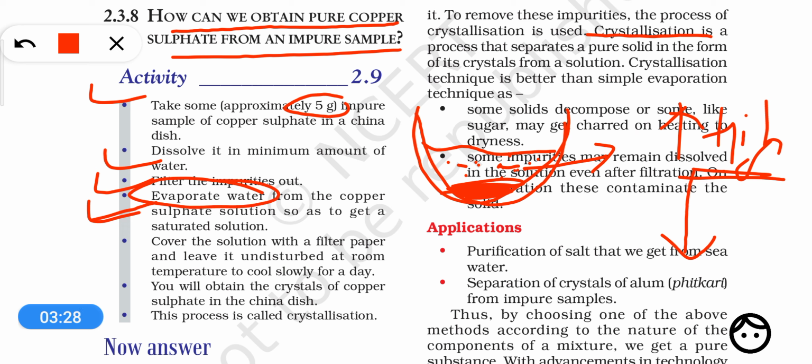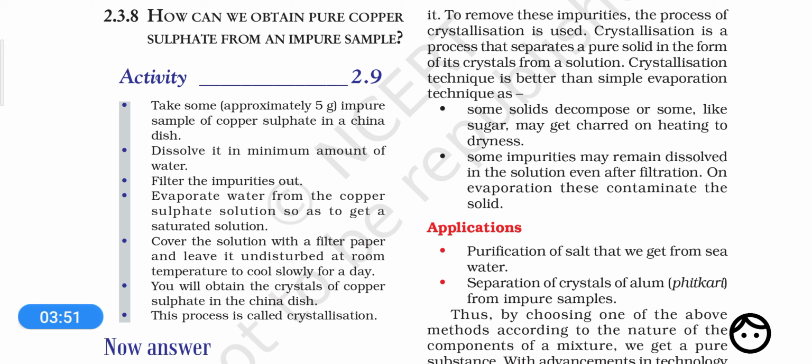Now, when we cool a saturated solution, and bring its temperature to lower temperatures, the solubility of the solute decreases, and because of this decrease in solubility, the extra amount of solute gets separated from the solution in the form of crystals, which will settle either at the bottom or make a layer at the top of the solution.